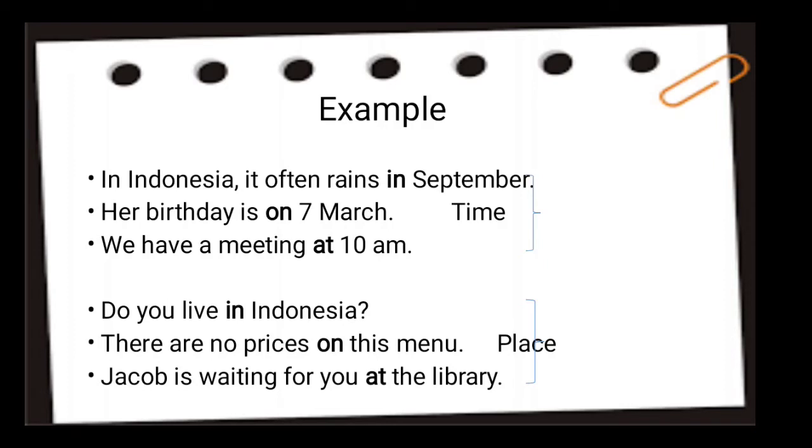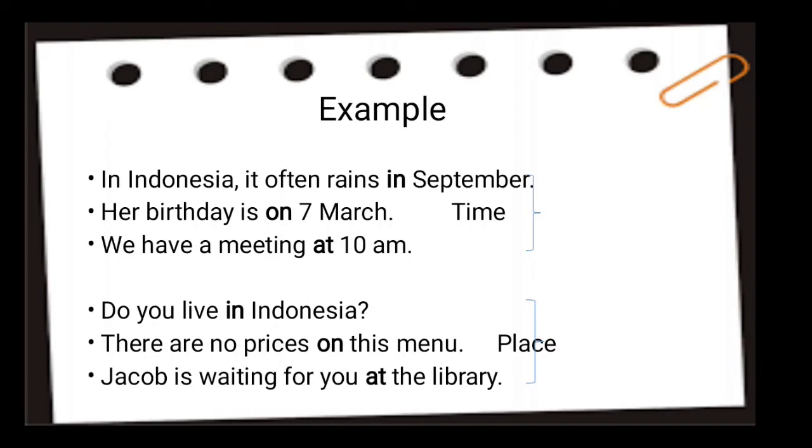We use in because September is the name of a month, so we use in. The second, her birthday is on 7 March. Why do we use on? Because 7 March is a date, so we use on.